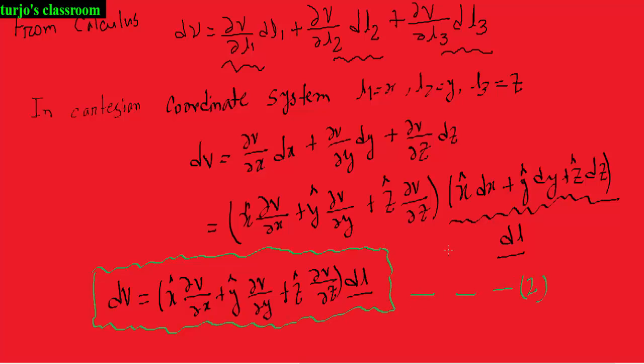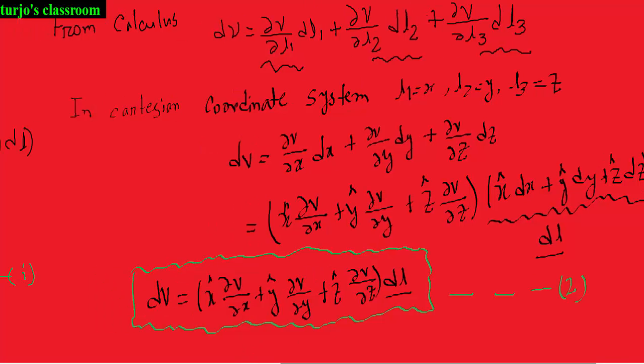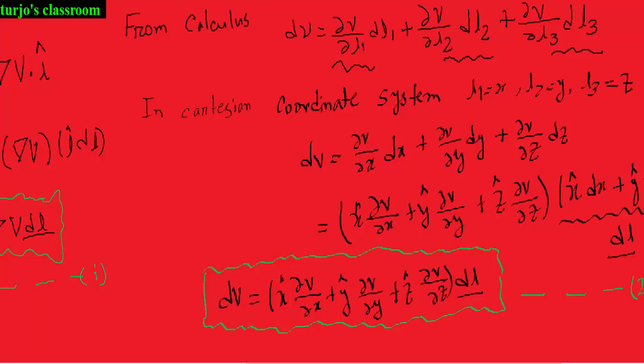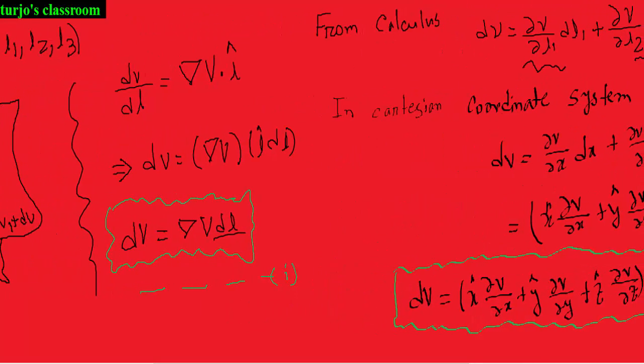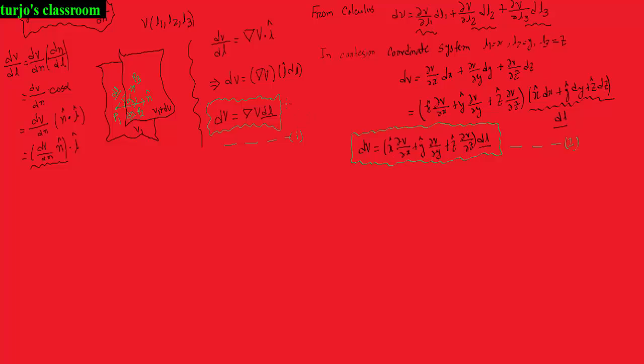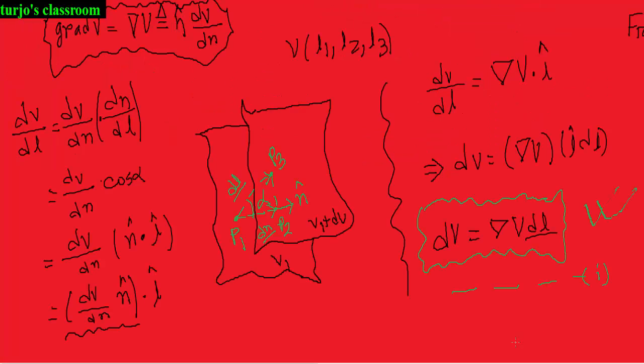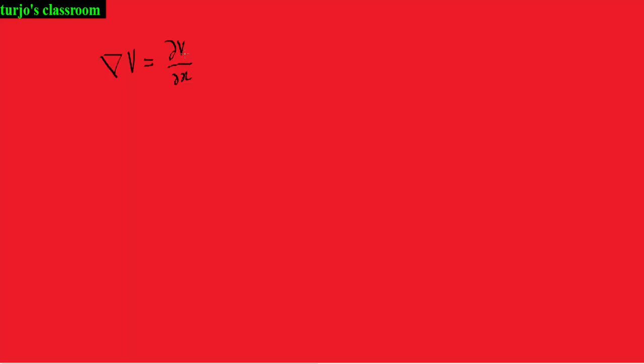Now comparing equation number 1 and 2. So let's get back to equation number 1. Here it is, equation number 1. So comparing equation number 1 and equation number 2, we get the expression for nabla V. Here nabla V becomes del V by del x into cap x plus del V by del y into cap y plus del V by del z into cap z.